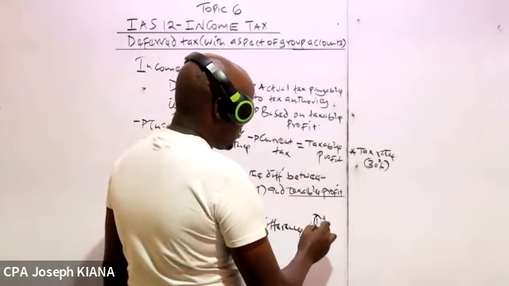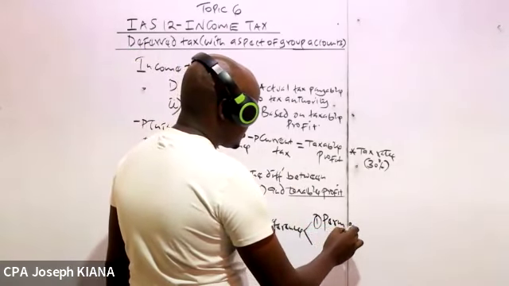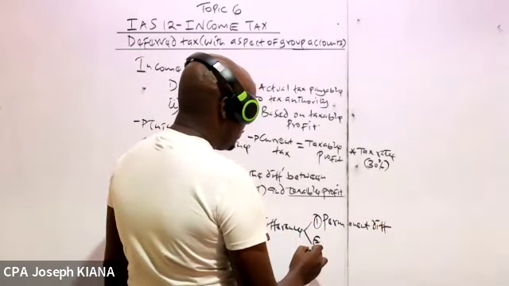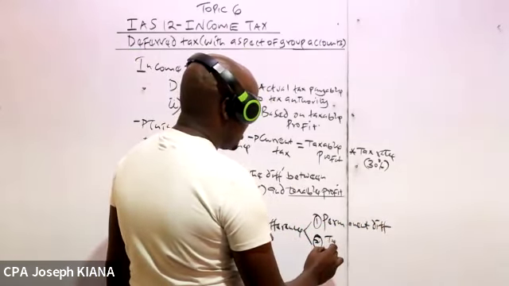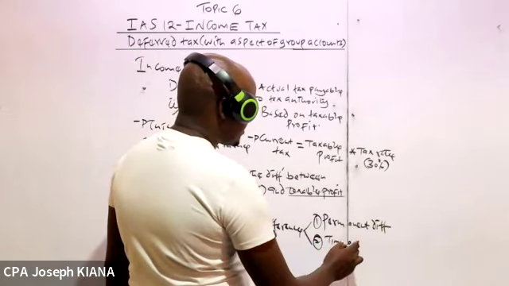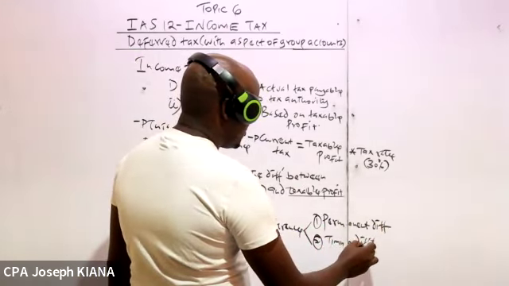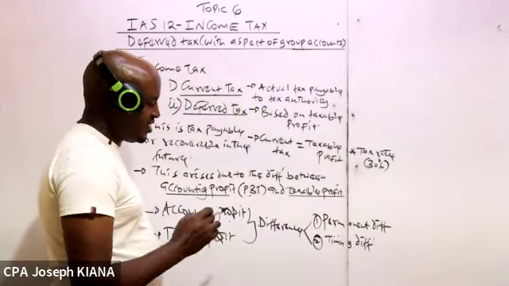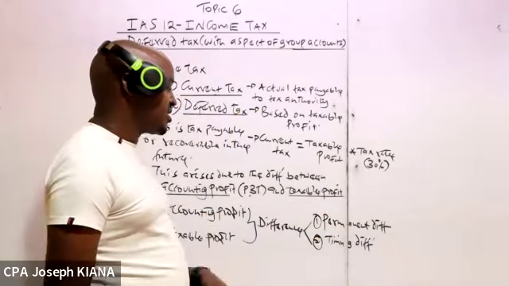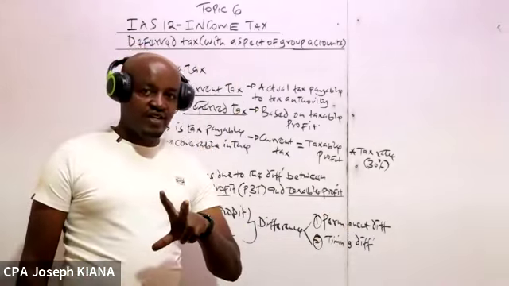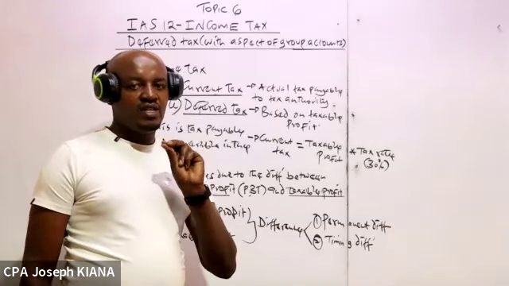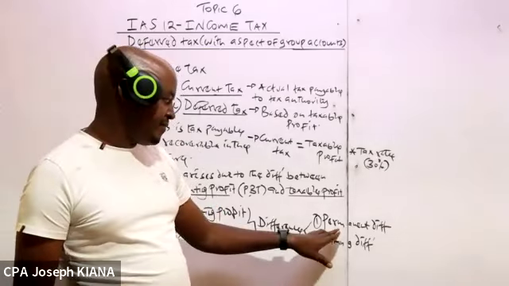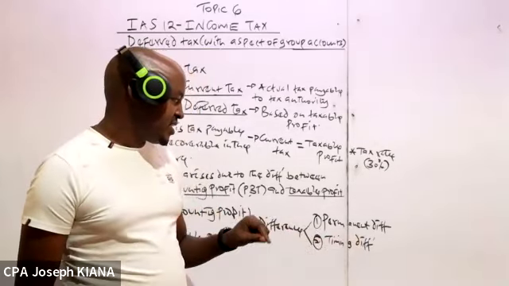One, we have something called the permanent difference, and number two, we have something called the timing difference. So the difference between accounting profit and taxable profit can be broadly classified into two: permanent difference and the timing difference. So what do you mean by the permanent difference?